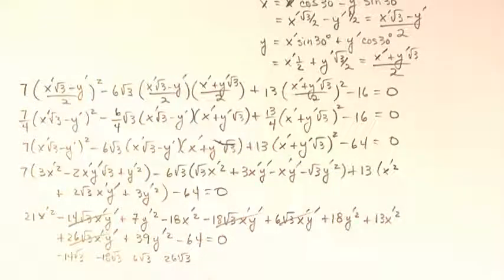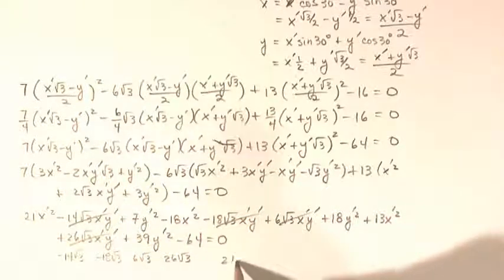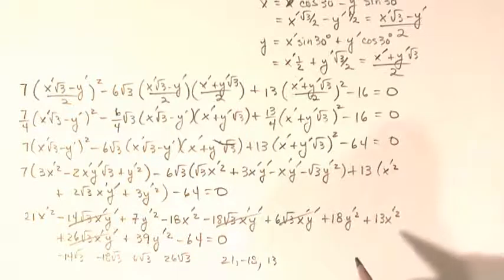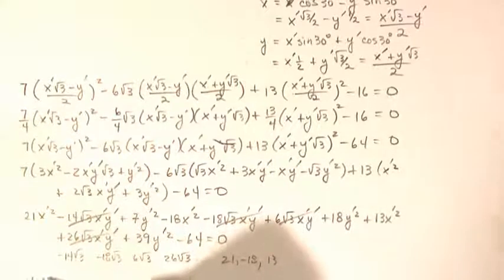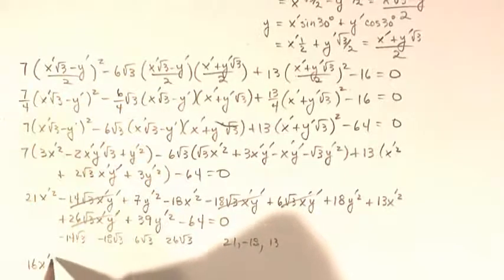And this one too. Then the x primed squareds, we have a 21, we have a minus 18, and we have a 13. And let's see, 21 minus 18 is 3 and 13 is 16. So we have 16 x primed squared. And that takes care of those.